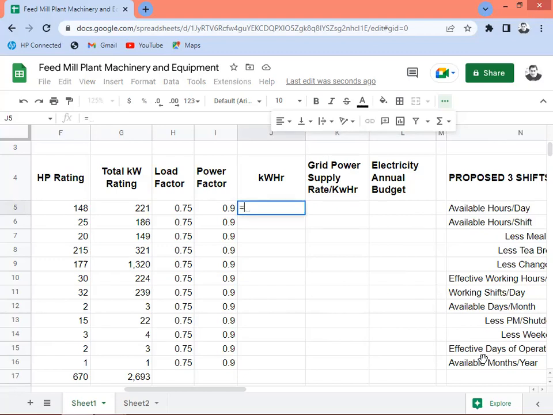Kilowatt hour is equal to this one, the total kilowatt rating. This is what we're going to get, and then multiply by, which one's next?